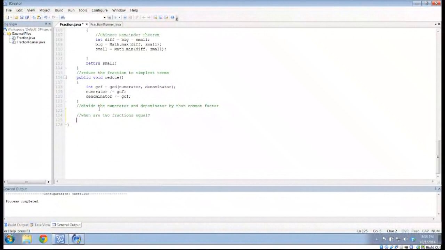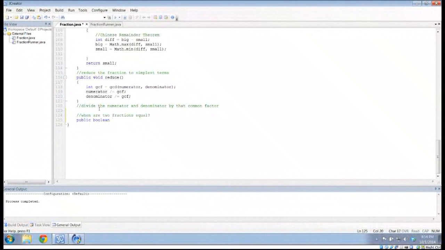I'm going to go ahead and do the method header for it. Of course, I want everyone to be able to see if fractions are equal, so I'm going to make it public. And of course, they're either equal or they're not, so this is a Boolean method.